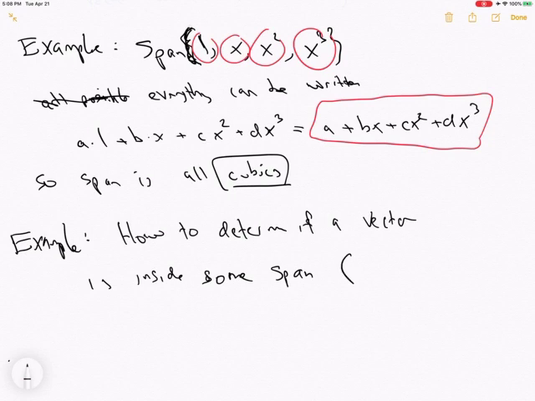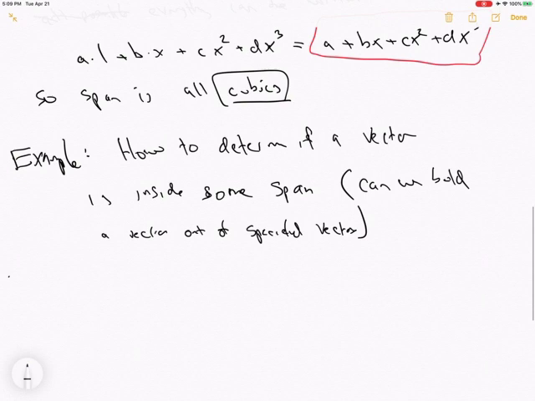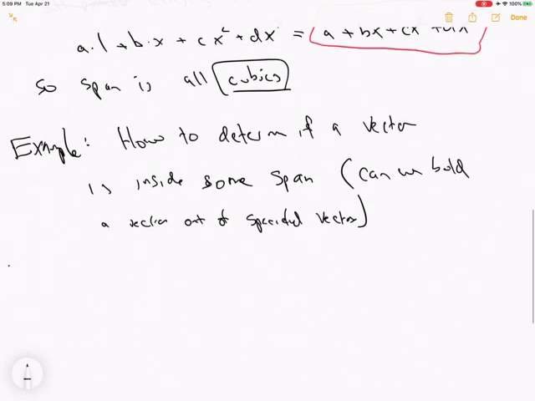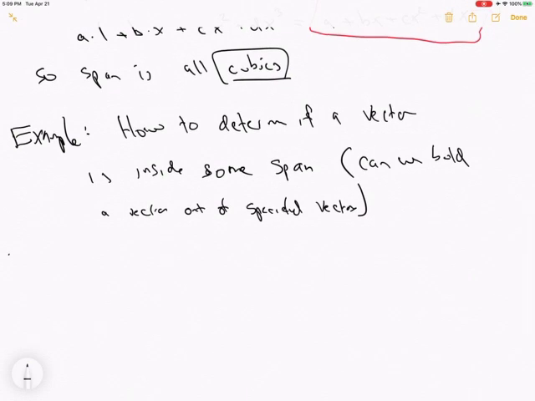This is the same as answering the question, can we build some vector out of some specified vectors? That's the same thing, because if you're in the span, that means you can be built from the set of vectors.